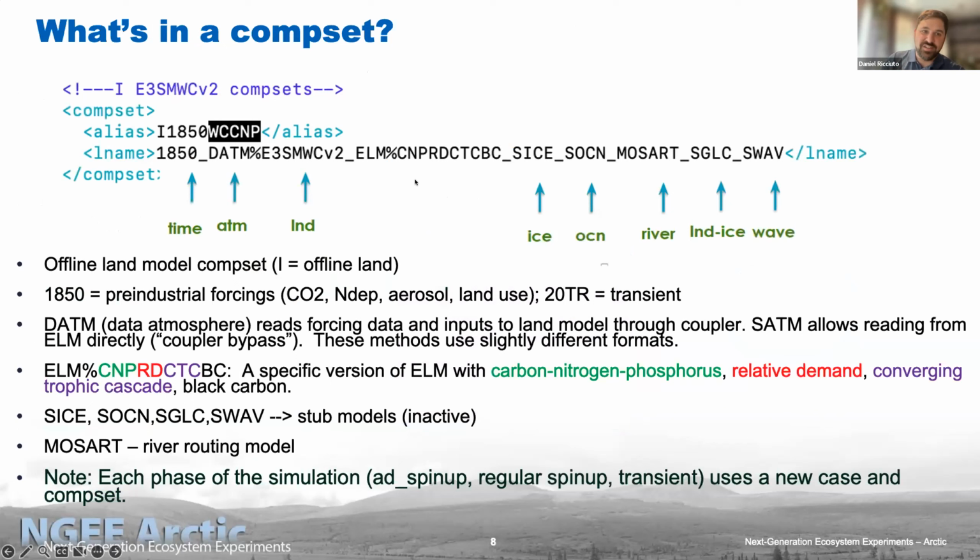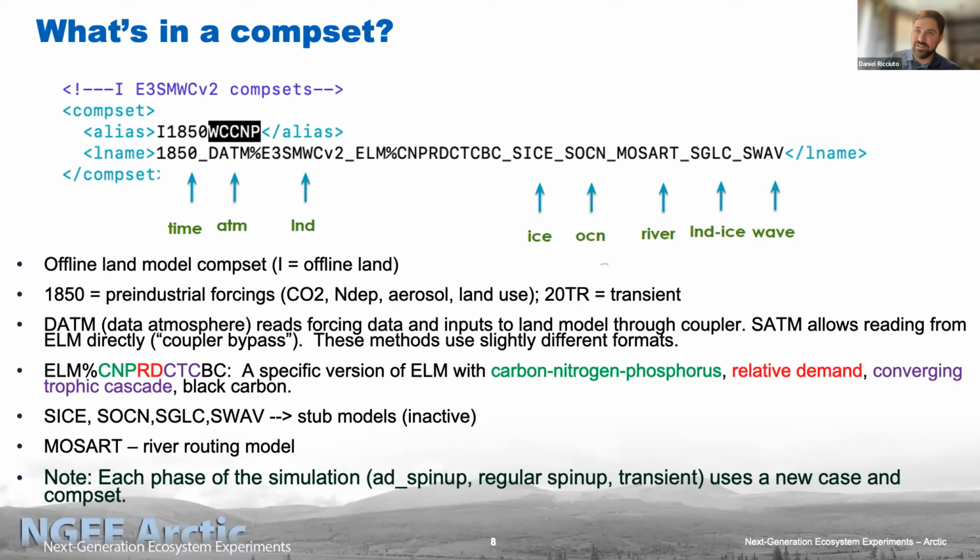For what we're interested in and what OLMT uses, we have what are called I compsets. Anything that starts with an I means offline land, so no coupled ocean or atmosphere. Then we have a time period associated with the simulation, pre-industrial, present day, or transient, and then what components of each submodel we want.